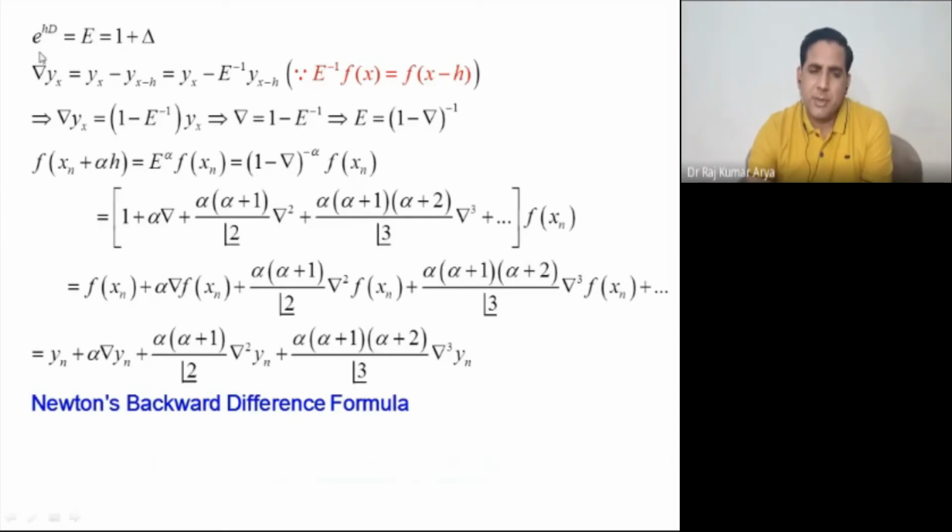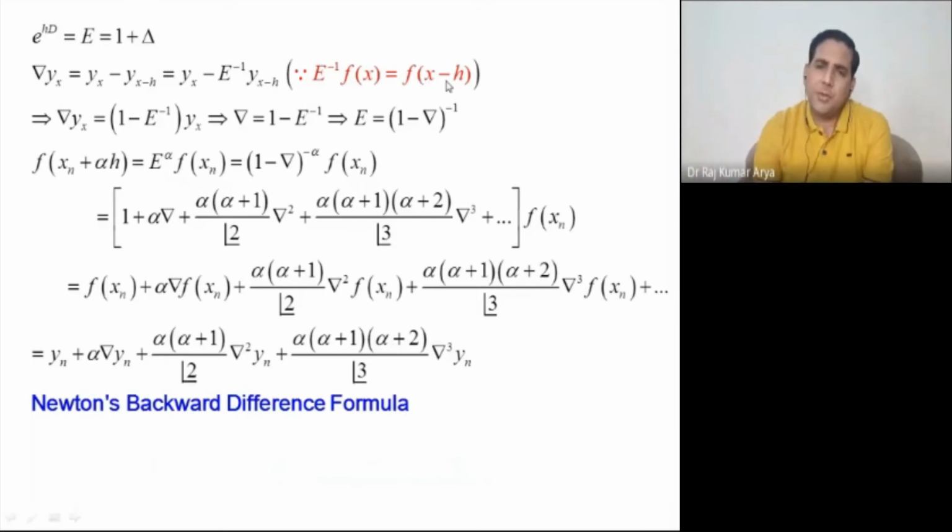Previously we got e to the power hD, the shift operator E, equal to 1 plus Δ. Now you can write the backward difference of y(x) as y(x minus h). You are going one step back, and then you substitute E to the power minus 1, because E to the power minus 1 means going one step backside.